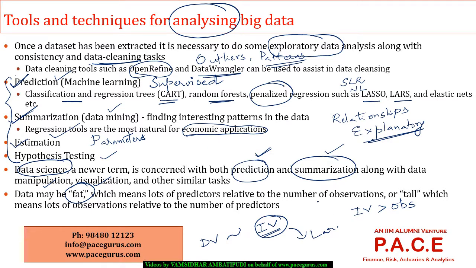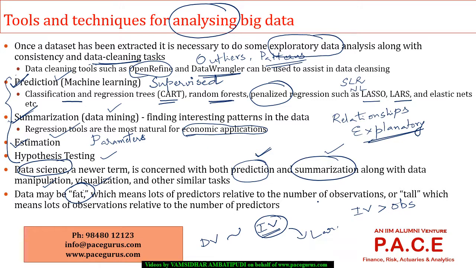it's as good as saying the number of columns in the data is greater than the number of rows. The number of variables or predictors that I have is much higher than the number of observations. In that case, I say my data is very fat. Columns are much higher, so that means they are fat.